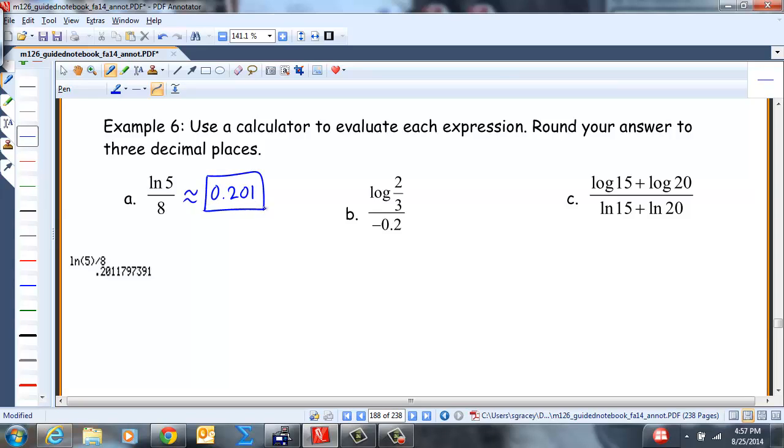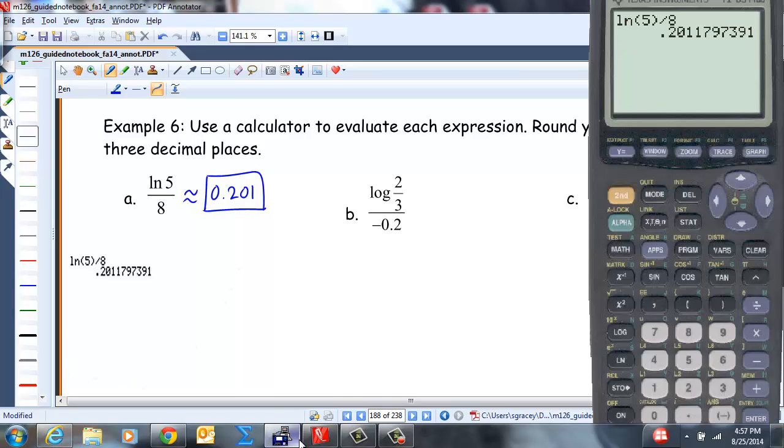All right, so the next one, let's see how we would enter it in. Go ahead and pause the movie and try it on your own if you'd like. This one we have common log of 2/3, so 2 divided by 3, end parenthesis, and then divided by negative 0.2.